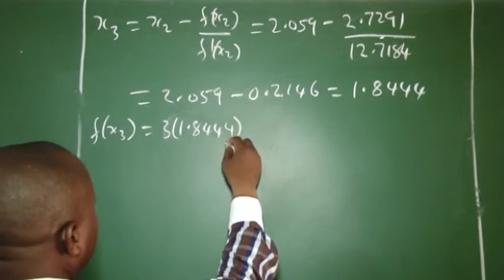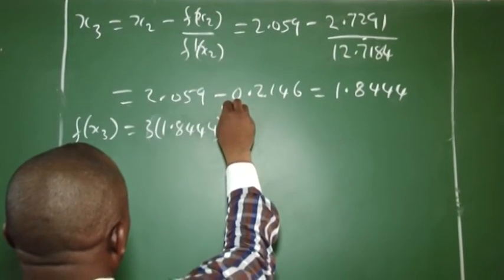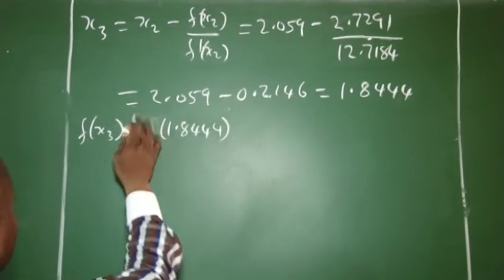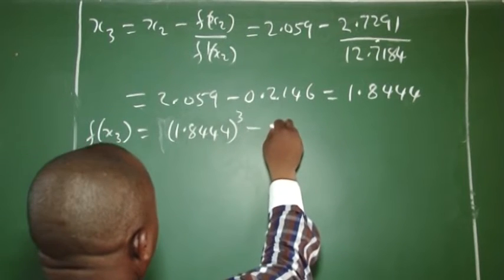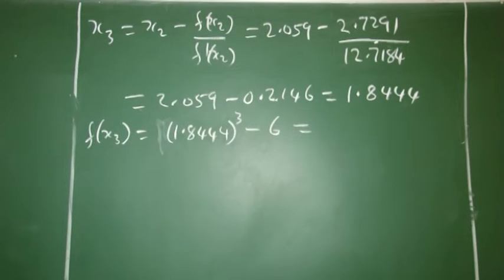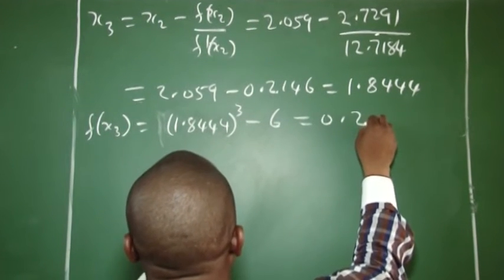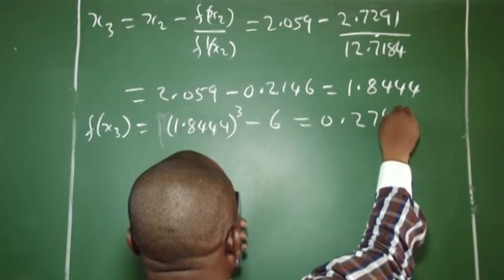Now f of x3 equals 1.8444 cubed minus 6, giving us 0.2743.